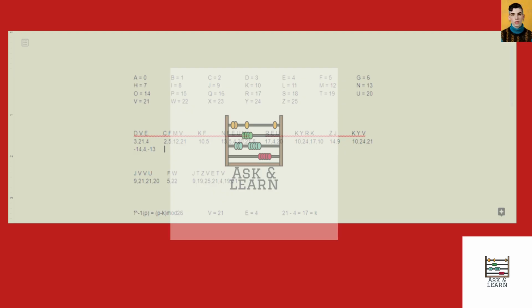Next, 2 minus 17 would be negative 15, and then 5 minus 17 would be negative 12. 12 minus 17 is negative 5. 21 minus 17 is 4.